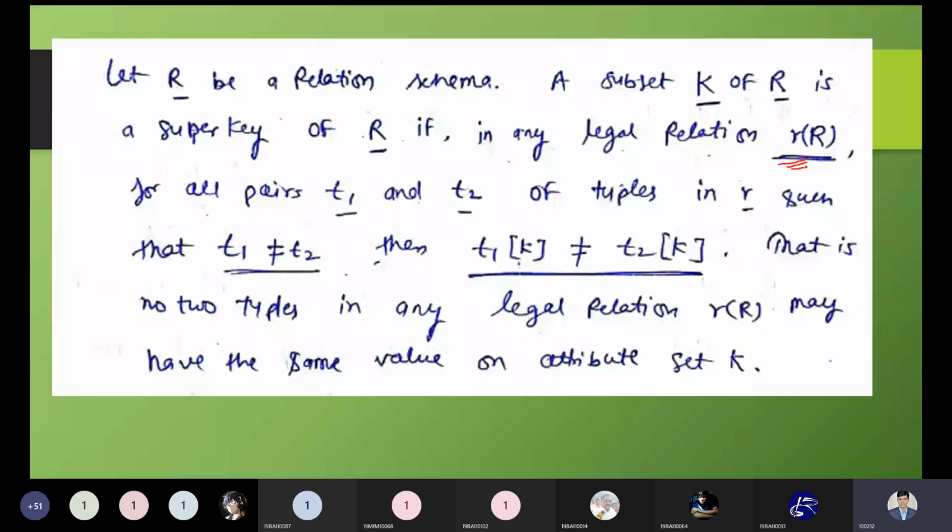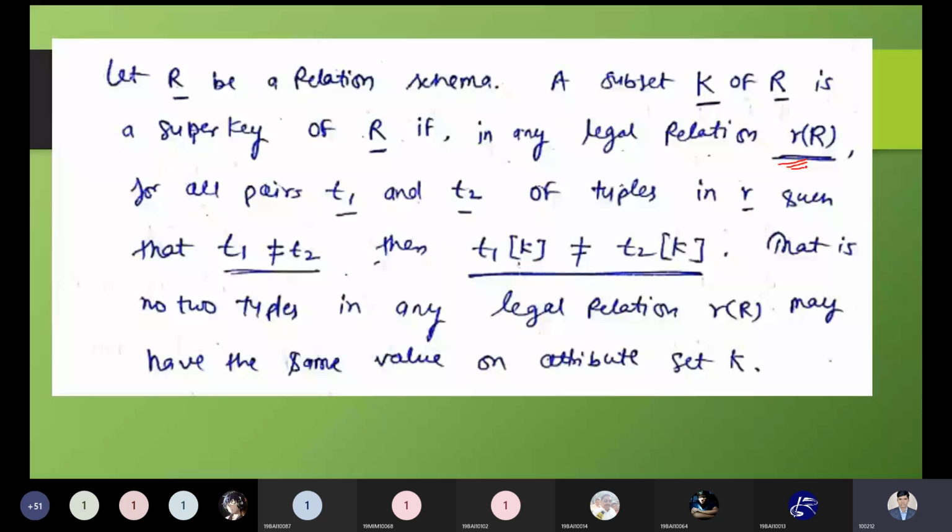I repeat my statement once again. Let R be a relation schema. A subset K is a super key of the relation R if, in any legal relation, that is small r(R), where we put R in brackets, meaning we are talking about legal relations, for all pairs T1 and T2, which are tuples. We have already seen tuples in the practical way and mathematically through relational tuple calculus and relational algebra, so we will not touch that part again.